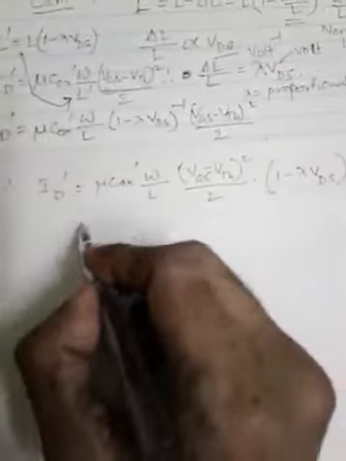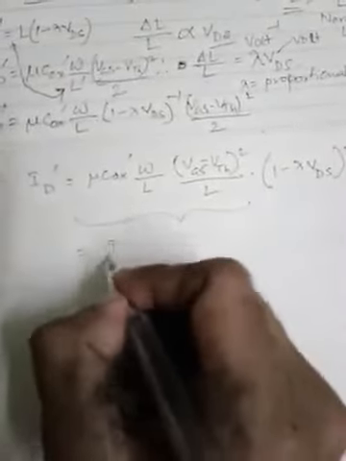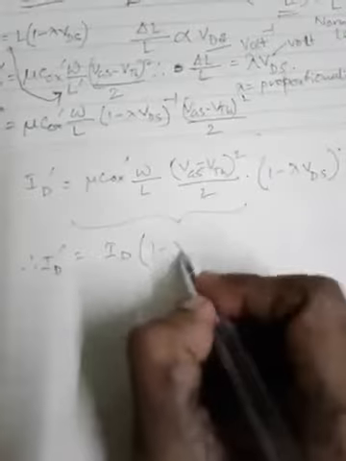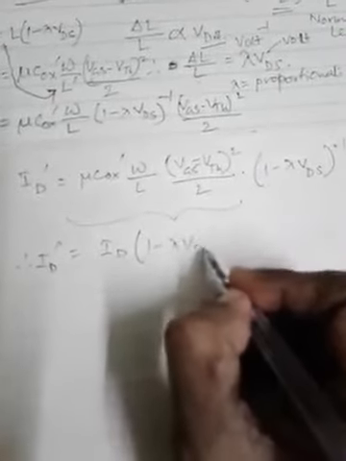Now what is this? This is nothing but ID. Therefore ID prime is equal to ID into 1 minus lambda VDS to the power minus 1.